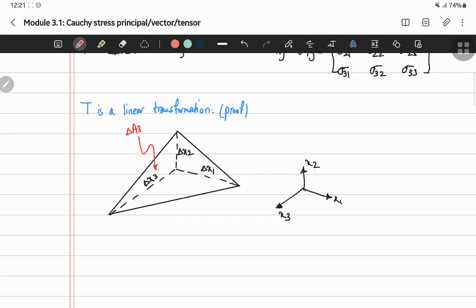This is delta A2, and this is in this direction, delta A3. This is in this direction, delta A1, and this is delta A2.